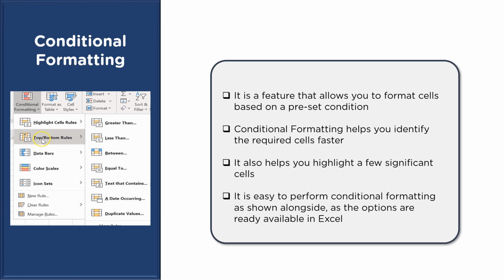So conditional formatting is used extensively by data analysts, or people who are working in business intelligence teams, or people who would want to use Excel to easily identify the data, easily identify the cells which contain a particular value, or find out less significant or more significant cells to then pull out values and carry out your computations, calculations, or analysis.